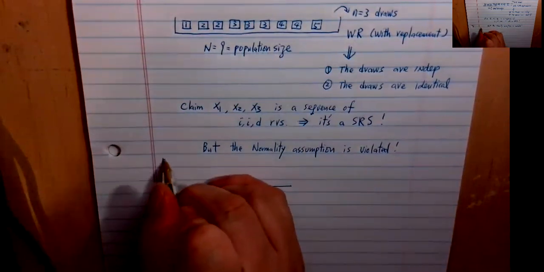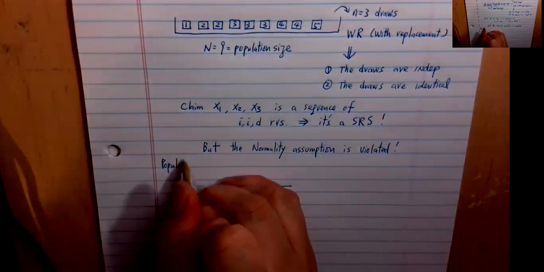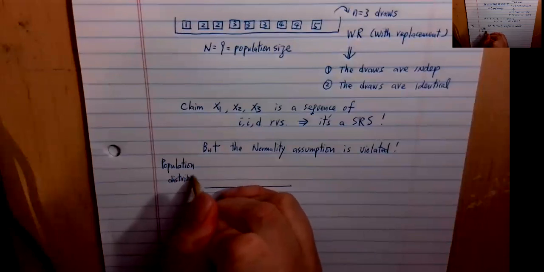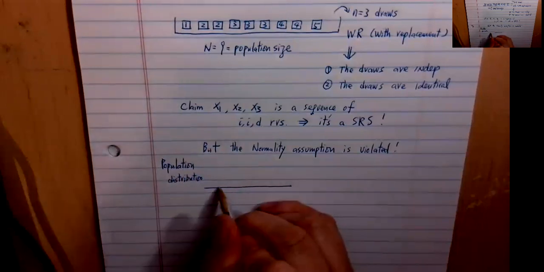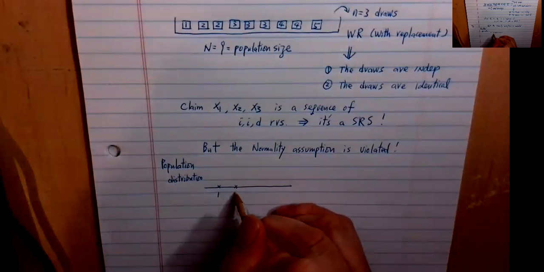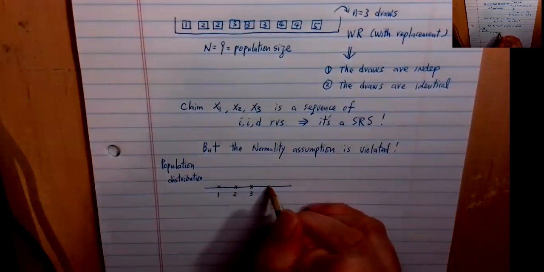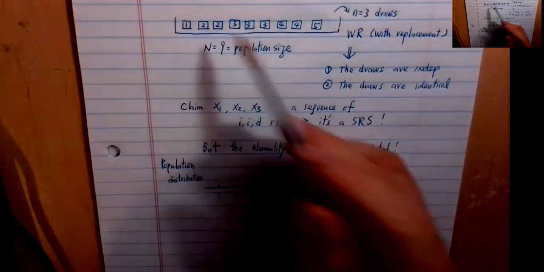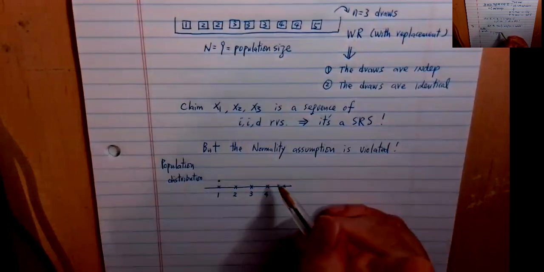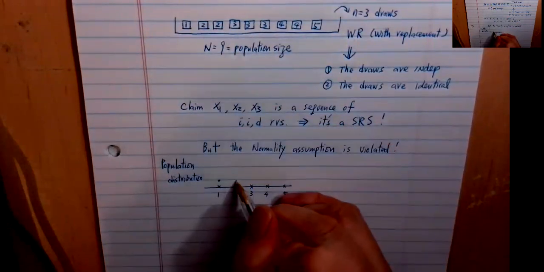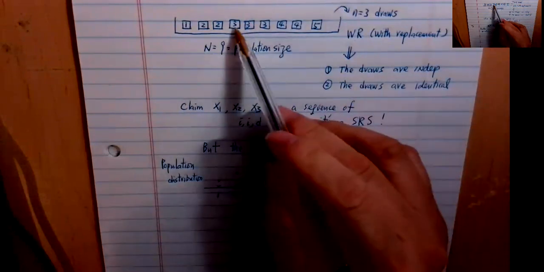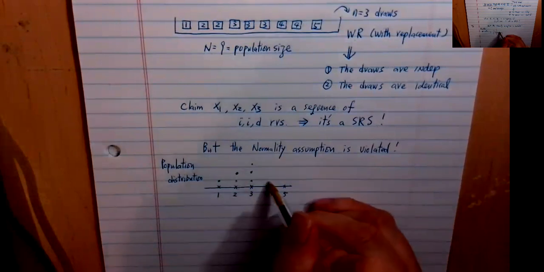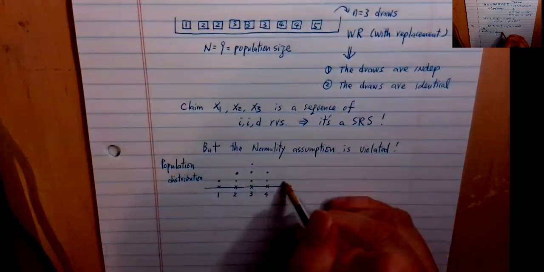This is the population distribution. This is 1, this is 2, this is 3, this is 4, this is 5. How many number 1 tickets? We have only 1. How many number 2 tickets? We have 2. How many number 3 tickets? We have 3. We have 2 number 4 tickets. We have 1 number 5 ticket.